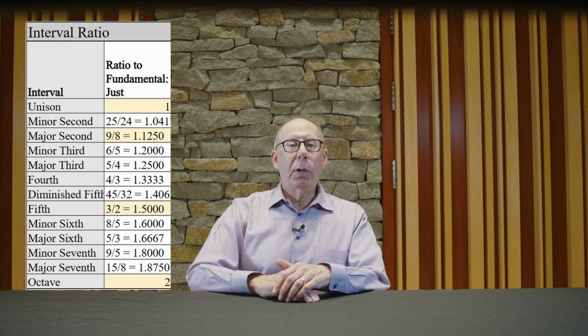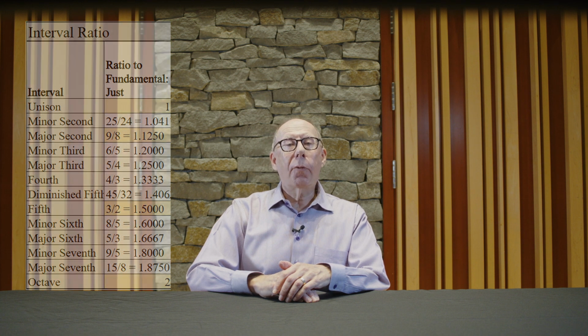A 5/3 ratio is a major sixth, and an 8/5 ratio is a minor sixth. But the more complicated the fraction, the less harmonious the sound. An intriguing dissonant note is called the tritone, or the devil's interval.